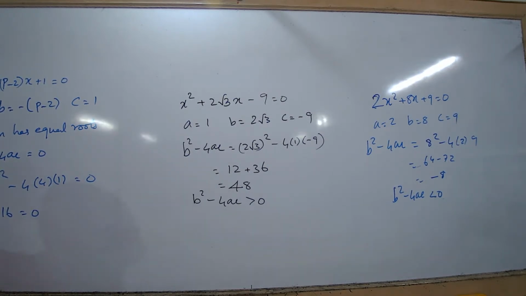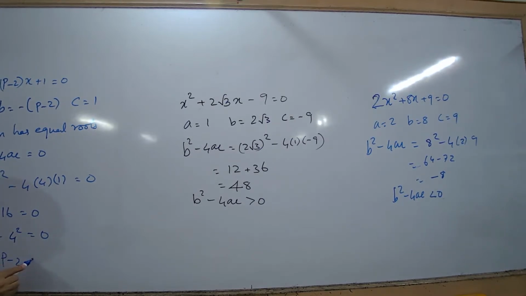So now look here. This can be done in two different ways. One way: (p minus 2) whole square minus 16 is the same as 4 square, identity a square minus b square, (a minus b) times (a plus b).